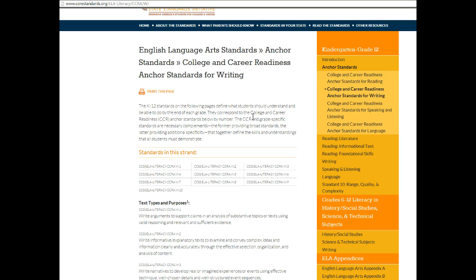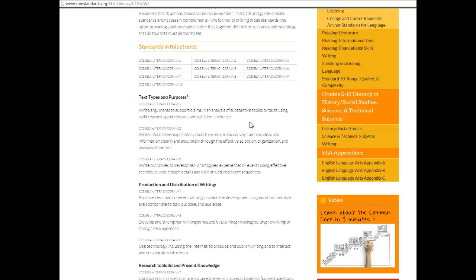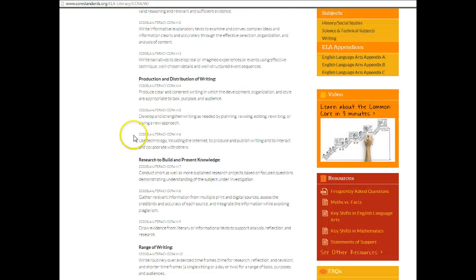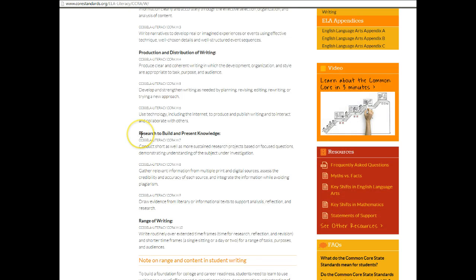Again, there are 10 standards for this strand, and they are subdivided into 4 strands. That is, text types and purposes, production and distribution of writing, research to build and present knowledge, and range of writing.